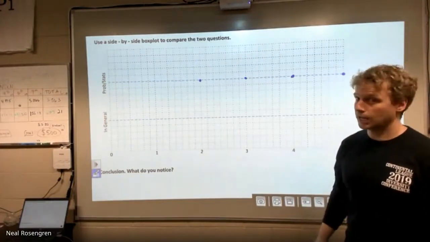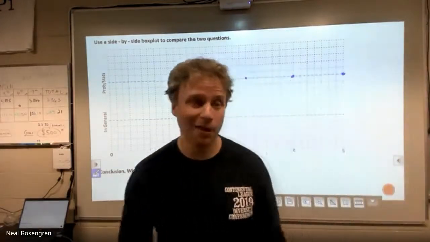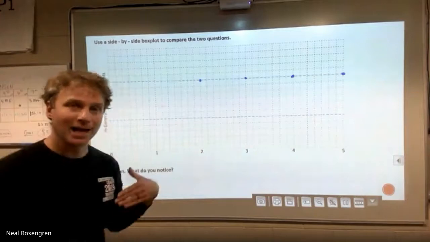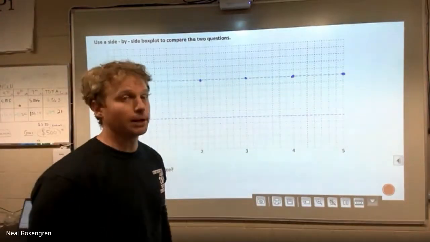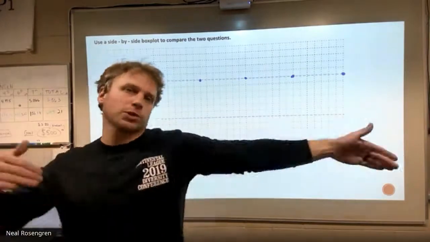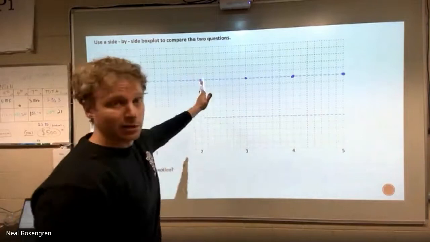5, again. So I actually only have 4 points here because my Q3 and my maximum are the same number, which means we're not going to see that whisker extend out to anything. We're just going to end up having a whisker on the left and then a box.